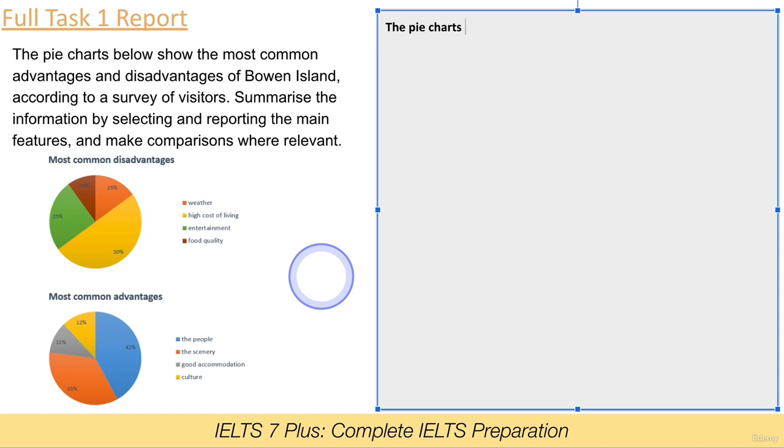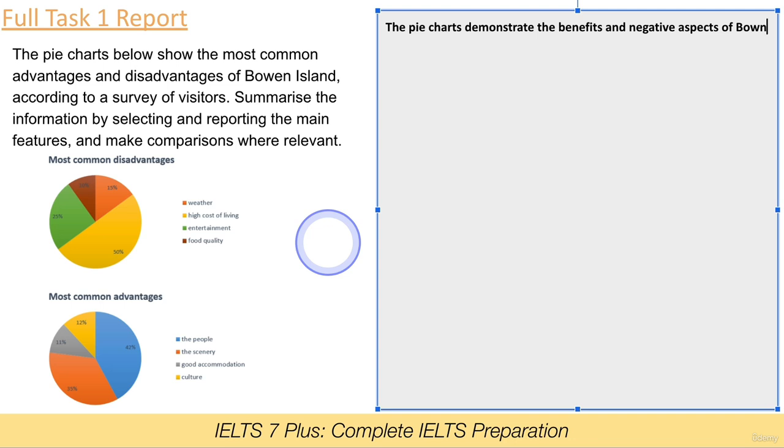The pie charts demonstrate, or show, we've got show, demonstrate, illustrates, provide information on. Demonstrates the benefits and drawbacks, or benefits and negative aspects of Bowen.